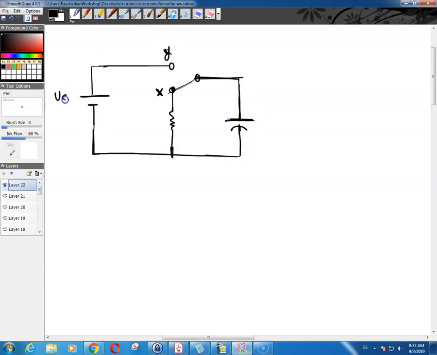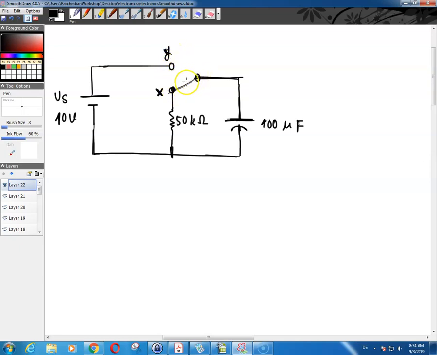Now this is your V of S, 10 volts, and this is a resistor, 50 kilo ohm, and you have a capacitor, 100 microfarad, and your switch is a double pole switch, and it can be either in position X or Y.